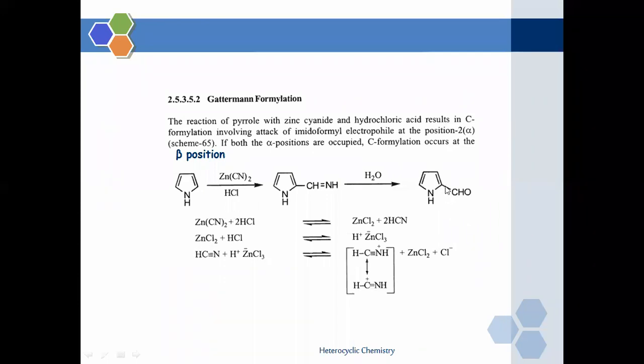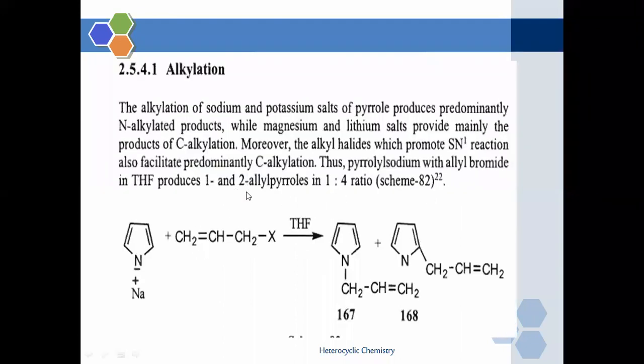And if this position is blocked, then only the formylation will happen at the third position. So this formylation in the presence of zinc cyanide is known as the Gattermann reaction.